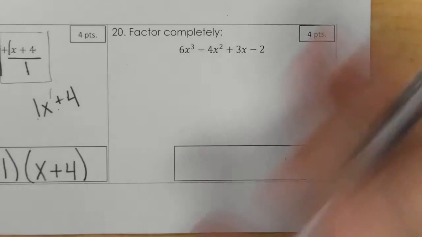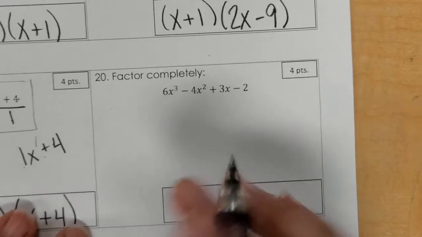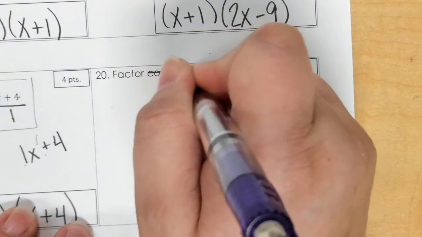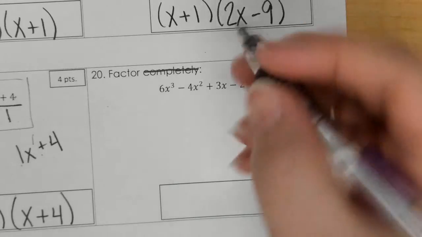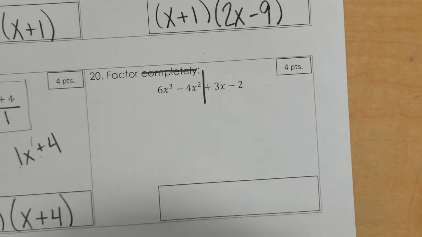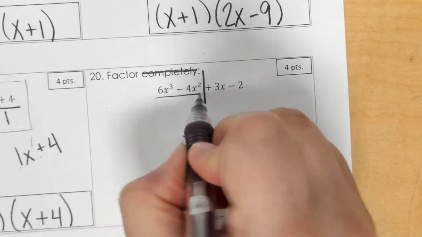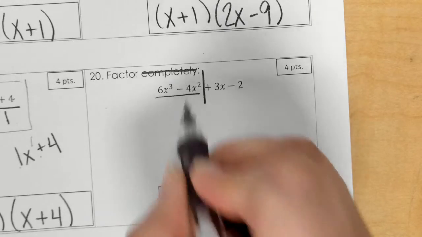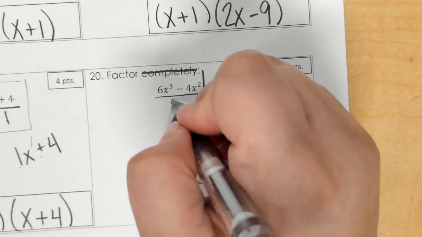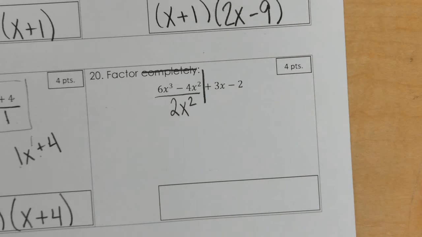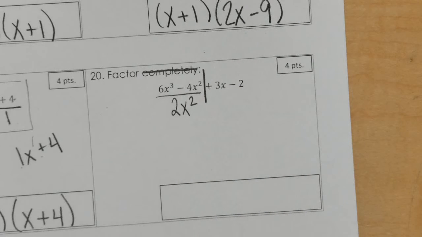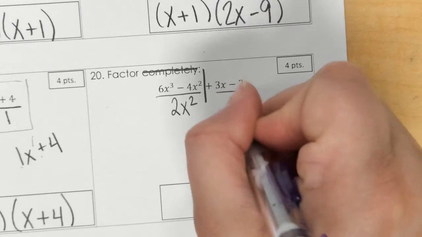Okay, number 20 says factor completely. This is actually a little deceiving. We're not going to do completely. So you're going to cut in half. We're going to find the GCF of the first half, which is 2x squared. On the second half, the GCF is 1.